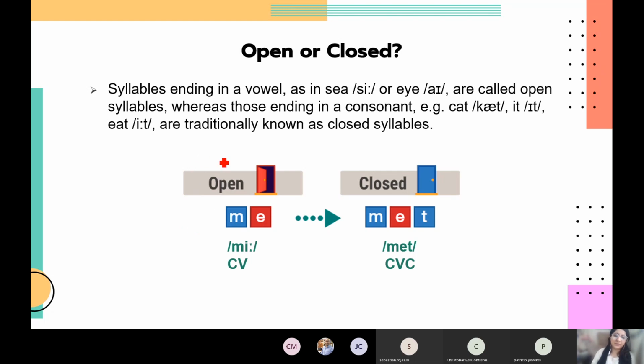Therefore, it's an open one. And in the case of meat, that only differs by the last letter, that in this case is a T, is a closed one because it's a CVC syllable. So remember, if it has a coda, it's a closed one. If it doesn't have a coda, it's an open syllable.